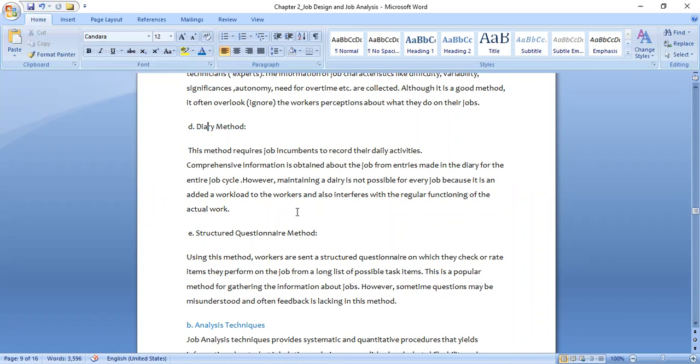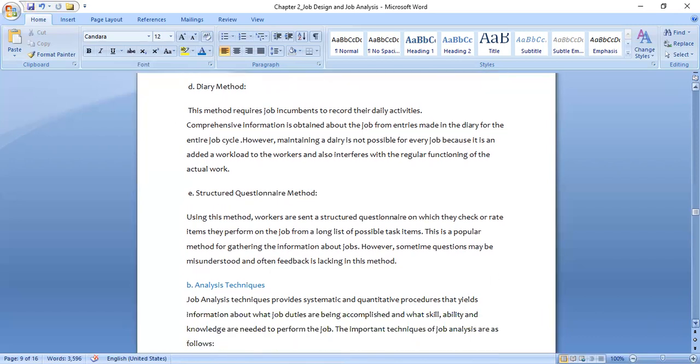They are recording, for example, what we've seen is required in a job analysis: the skills required, the personal attributes, the knowledge required, the scheduling, and what tools or equipment or machines are needed in this particular kind of job. So all that information will be collected by the human resource practitioner, who will be writing in a diary. So that is also another way of collecting information on job design.